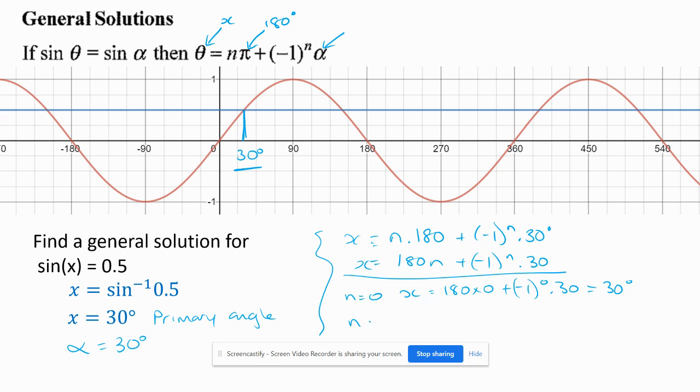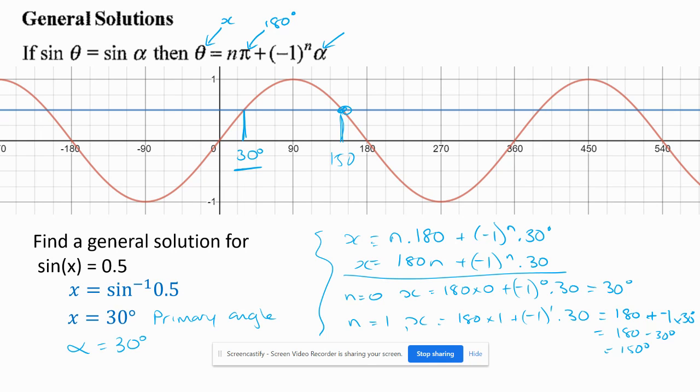If we take n is 1, x equals 180 times 1 plus negative 1 to the power of 1 times 30. Negative 1 to the power of 1 is negative 1, times 30. And really, that's just 180 minus 30, which is 150. So that gives you this answer here, which is 150.